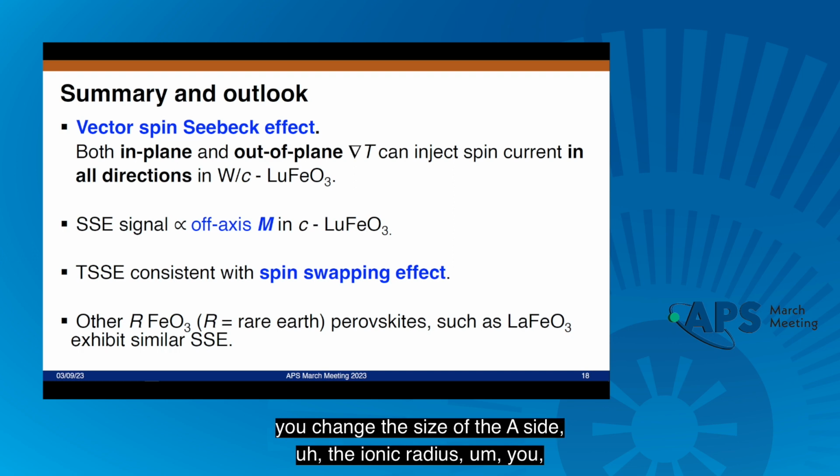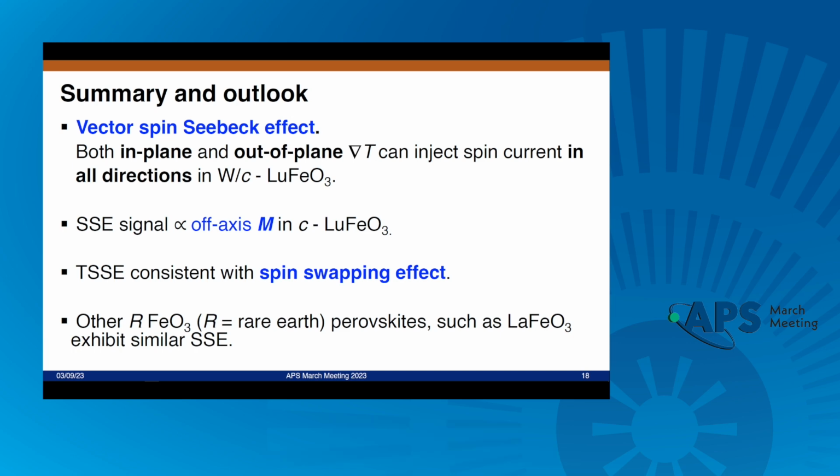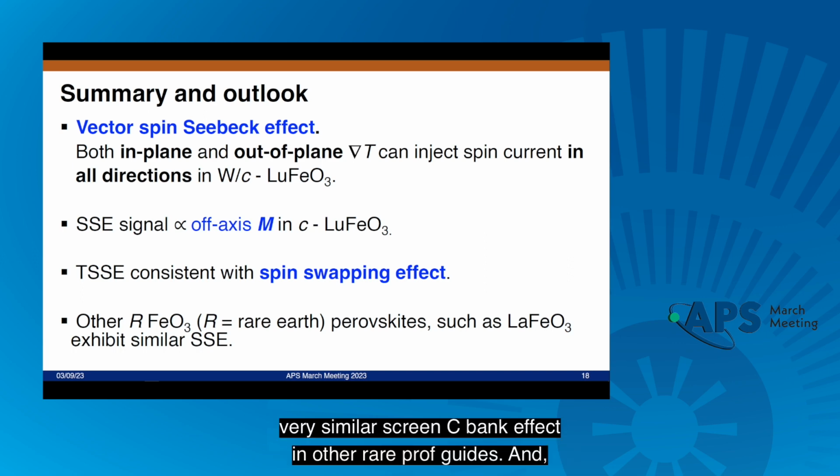If you change the size of the A site, the ionic radius, you will be able to play with the spin canting angle, and that will give you a different amount of moment, and the magnitude of the moment might be related to the thermal voltage you detected. That will be a pretty interesting experiment to do. So yeah, we have seen the very similar spin Seebeck effect in other rare earth perovskites.